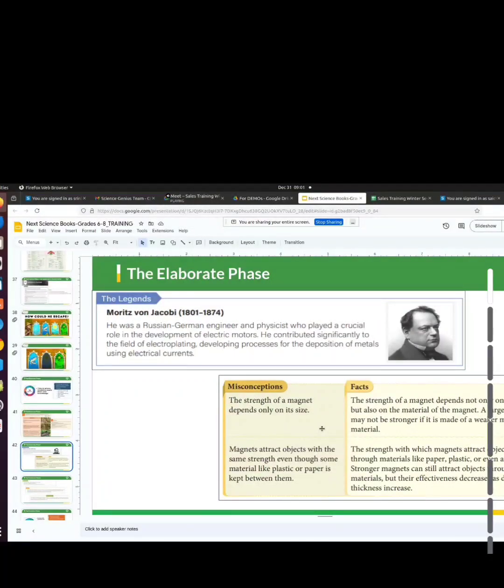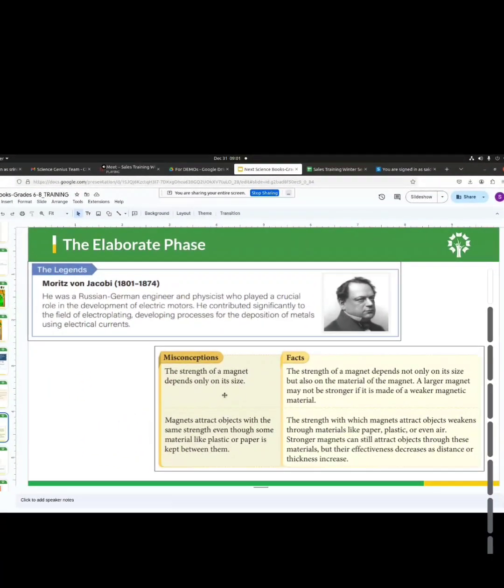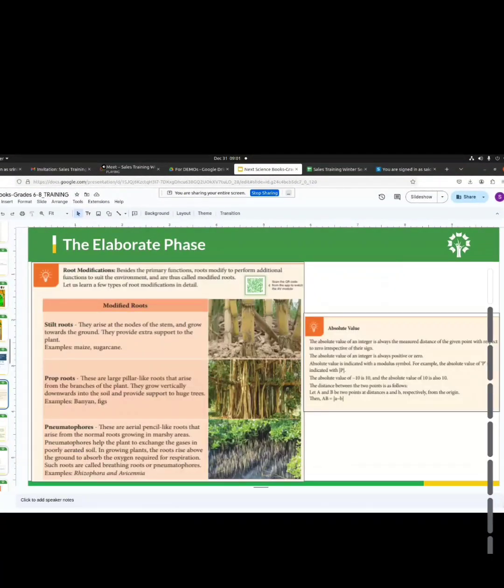Whichever common misconception we could find for a concept, we gave it in this format. And the factual knowledge is that the strength of a magnet doesn't depend on size, but on the material of the magnet. So a larger magnet may not be stronger, but if it is made of a weaker magnetic material, then it might be a weaker one. So this is one particular misconception.